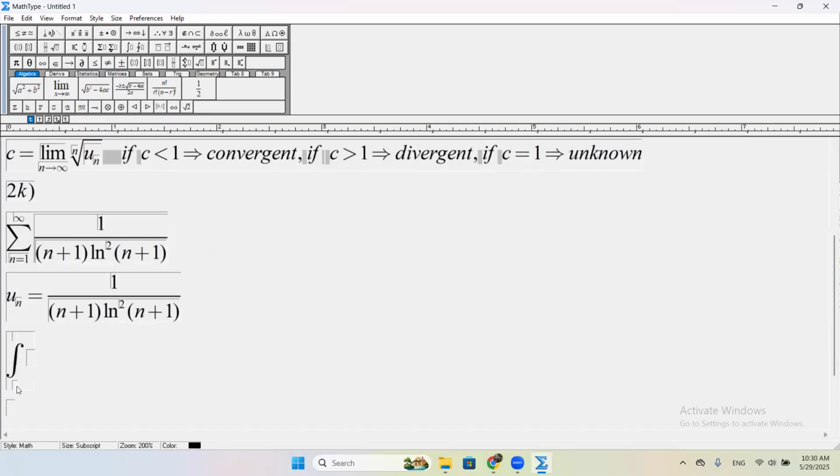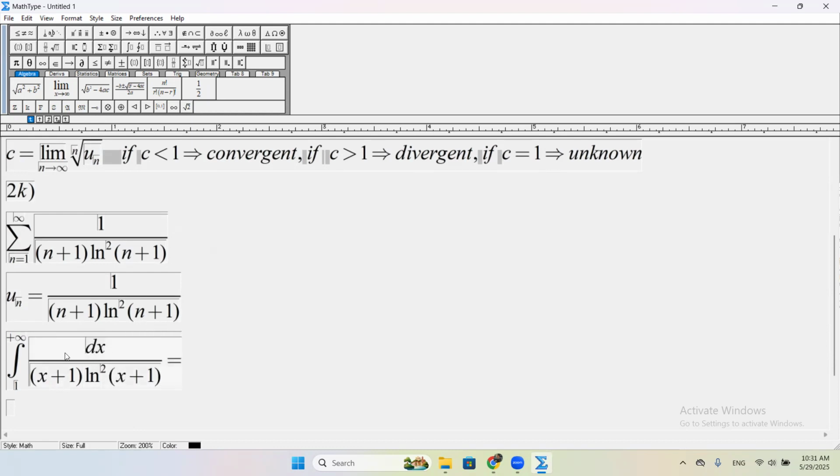And how to define the limits? The bottom limit will be equal to 1, according to the index of this sum, and the upper limit equals the upper index, so infinity in our case. So we have the following integral: dx over x plus 1 multiplied by logarithm square of x plus 1.